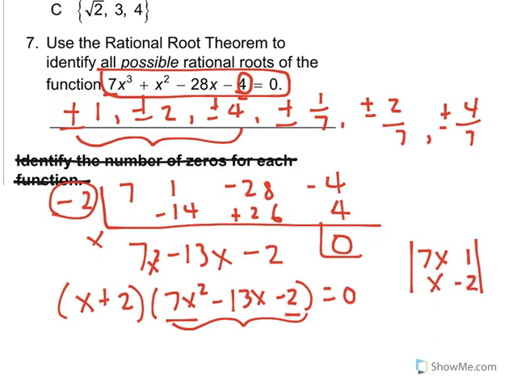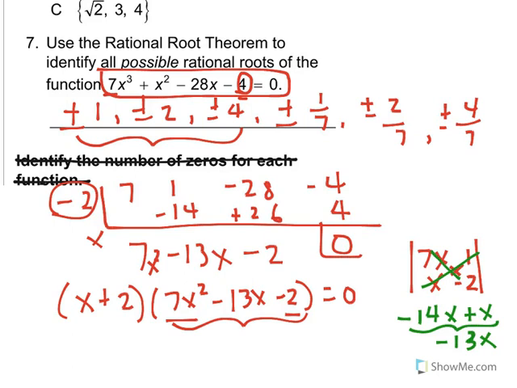And we're going to need the 2 to be negative, because when we cross multiply it and combine it, we have 7x times -2, which is going to be -14x. And then multiplying diagonally this way, we have x times 1, which is x, so plus x. And then when we combine, we're going to get -13x. So that is actually the middle term that we're looking for.